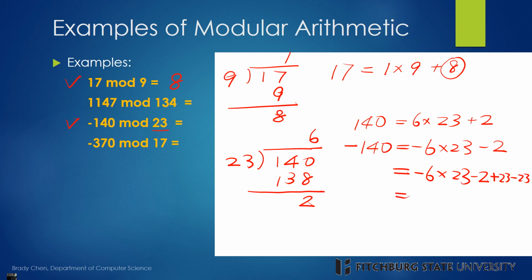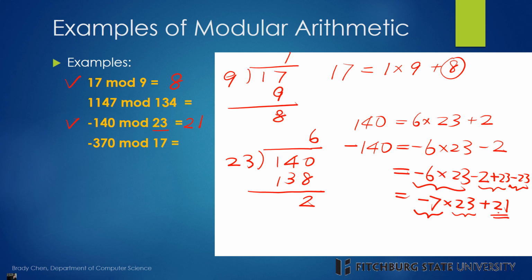Now with the negative 23 and the negative 6 times 23, we can put these together. We get negative 7 times 23, and 23 minus 2 gives 21, right? So we can write negative 140 as the quotient negative 7 times 23 plus 21, which is a positive number less than 23. So the answer is 21 in this case.